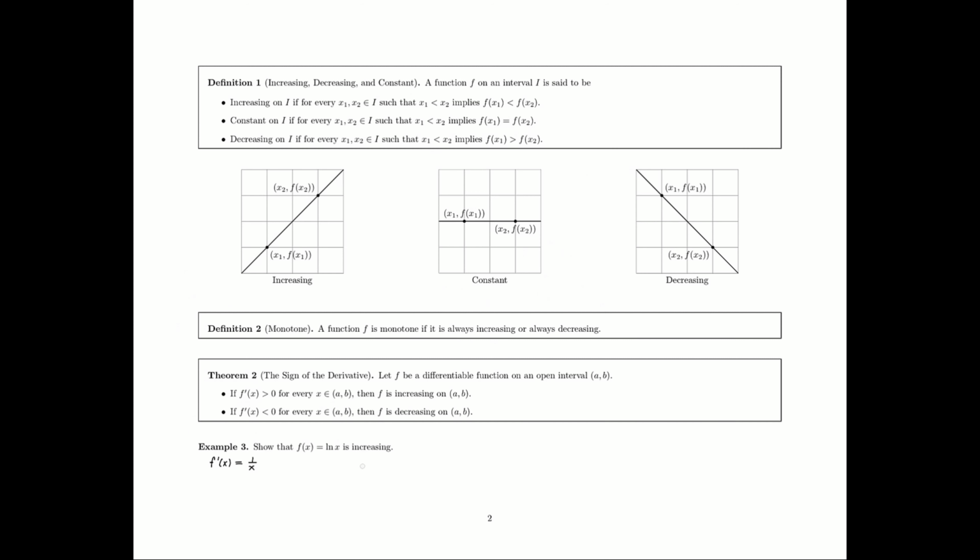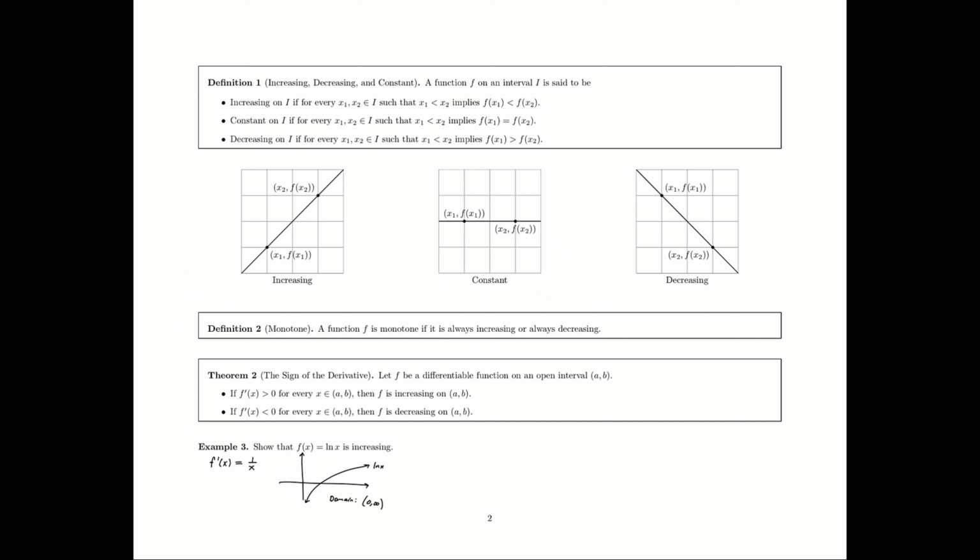We have to think about what is the domain of the original function. So if we graph the natural log of x, it does something like this. There's this vertical asymptote here, kind of. It just plunges downward. So the domain for natural log of x is only the positive numbers.